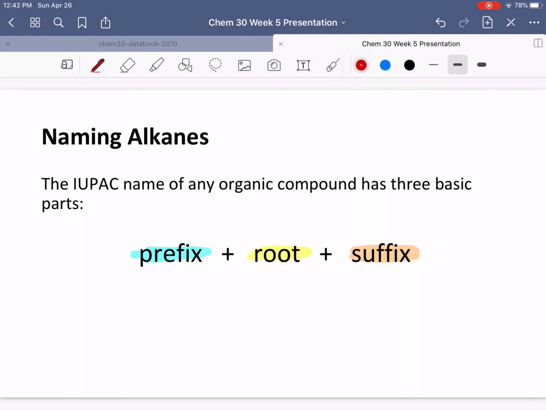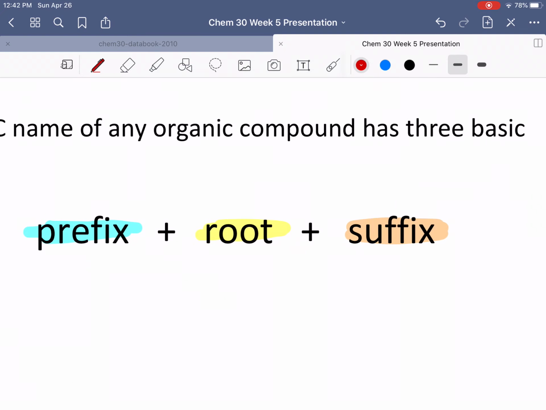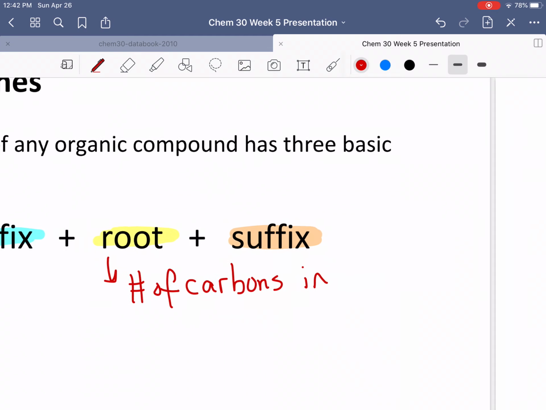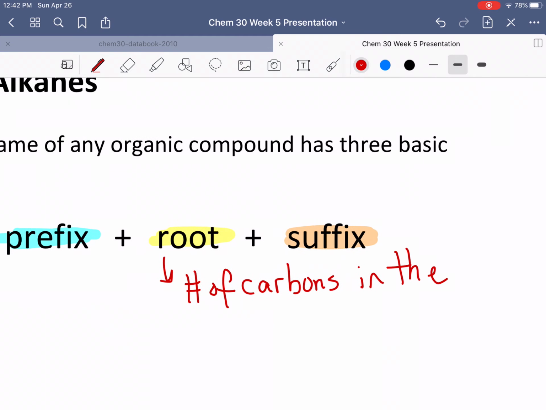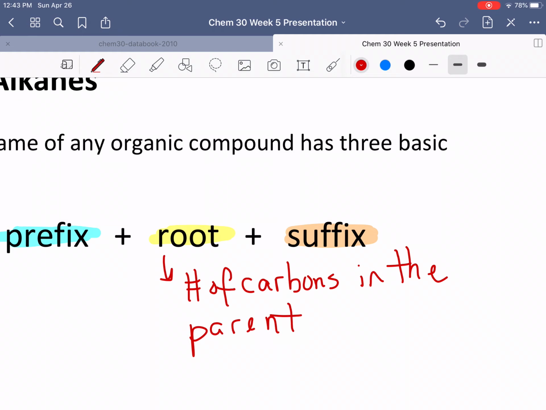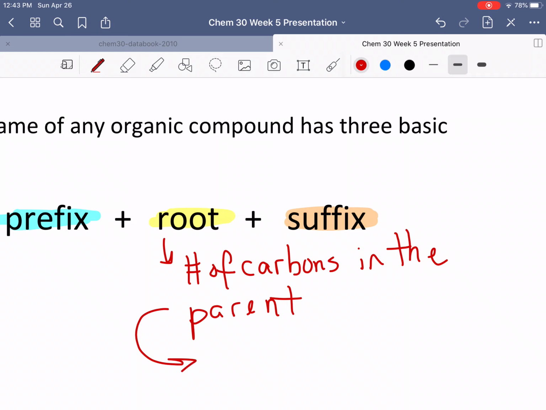Now, in terms of what we really focus on at this point is the root. And the root is all about the number of carbons in the parent chain. Now, the parent chain is going to be, try to make it the longest chain of carbons that you can. So that's a key thing that I want you to focus on.